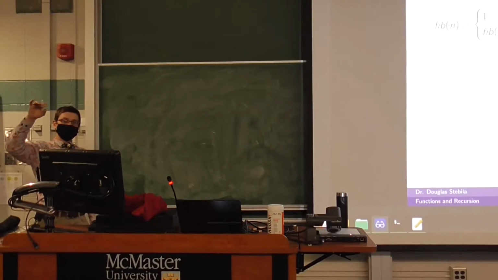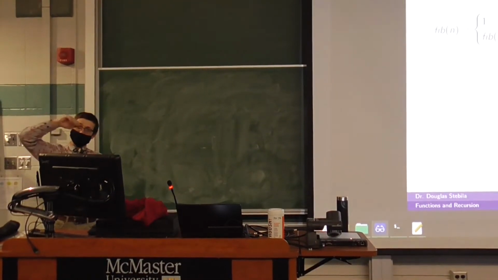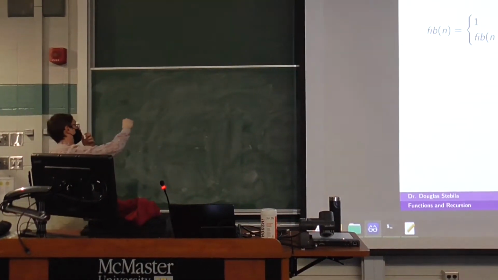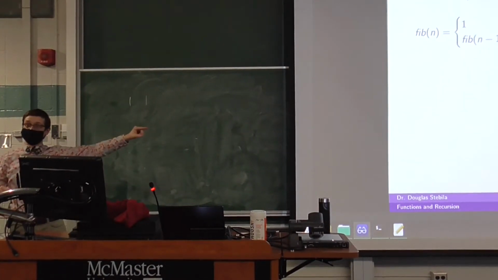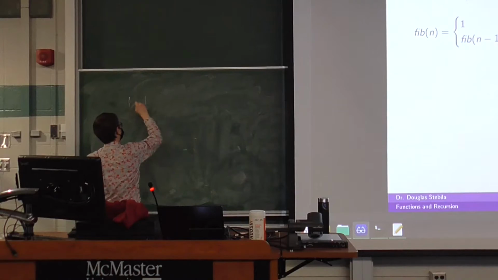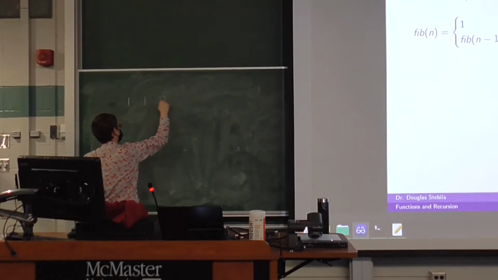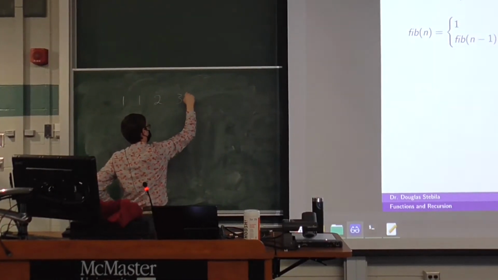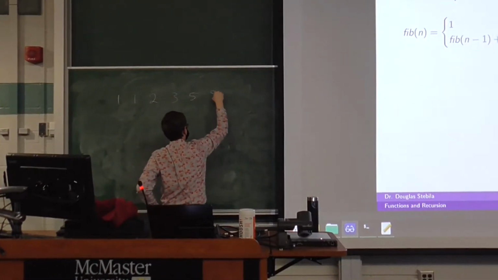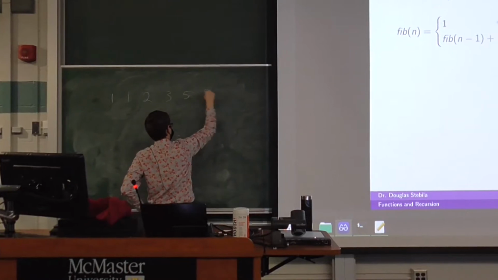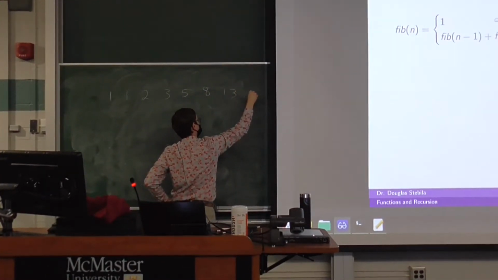Basically, you take a series of numbers, you start with 1 and 1, and each number is the sum of the previous two. So the next, 1 plus 1 is 2. 1 plus 2 is 3. 2 plus 3 is 5. 3 plus 5 is 8. 8 plus 5 is 13, etc., etc., etc.